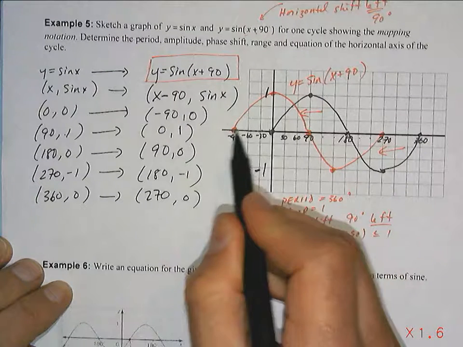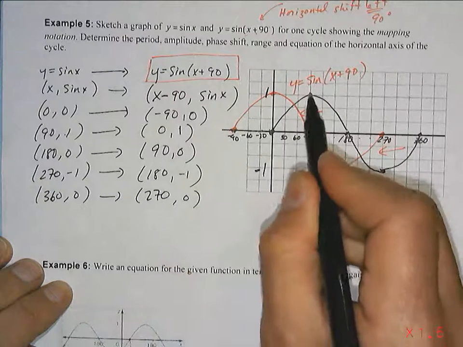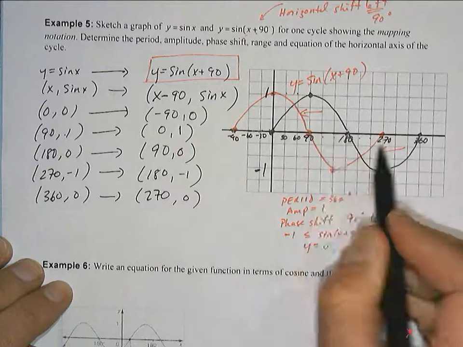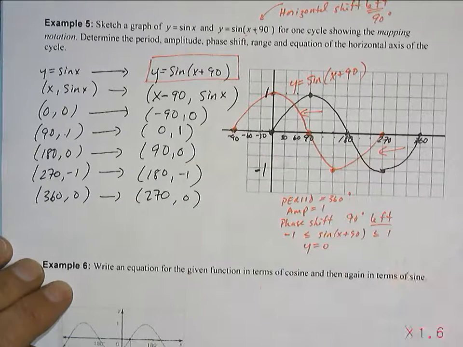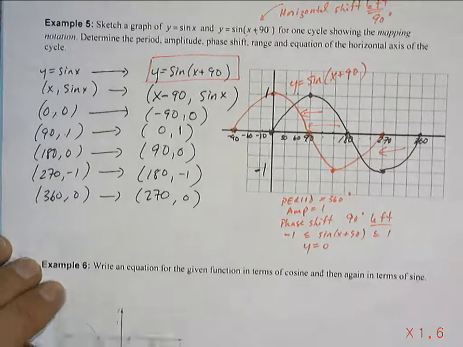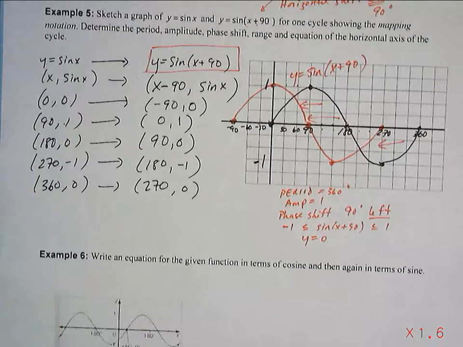Negative 30, negative 60, negative 90, and so on. All right. That's it for example 5. Let's come back and do example 6.